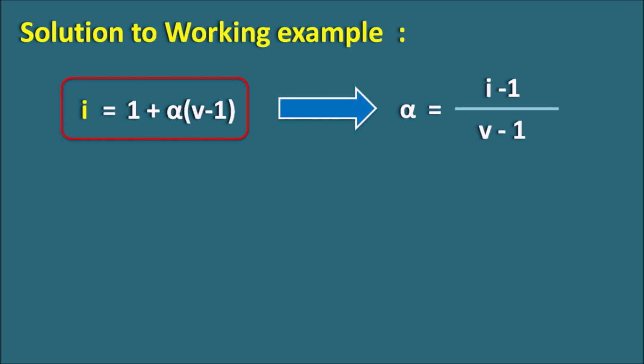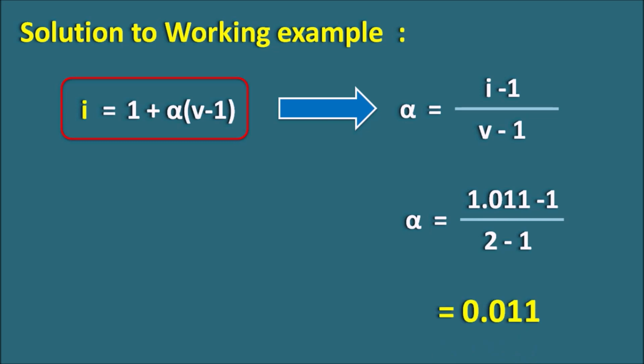The i value we got from the previous calculation is 1.011 and V is nothing but the number of ions formed. In case of acetic acid, 2 ions are formed. So by substituting these values in this equation, alpha is equal to 1.011 minus 1 by 2 minus 1, which is nothing but 0.011.